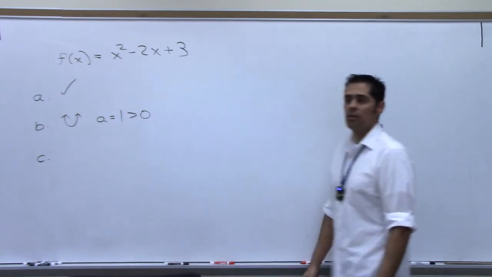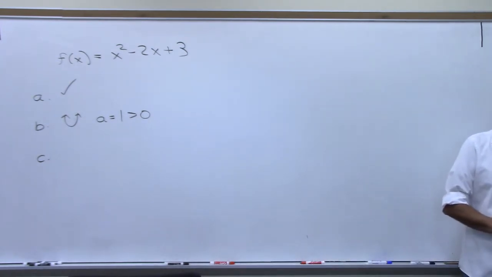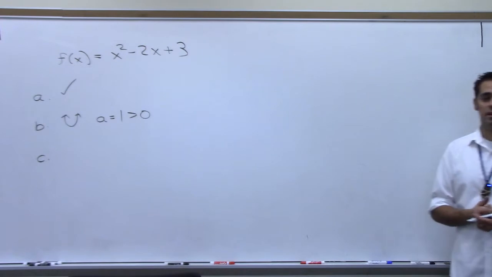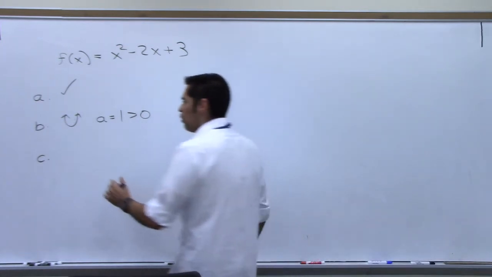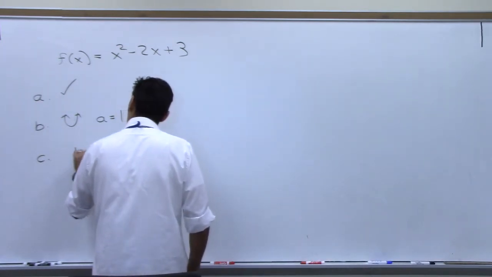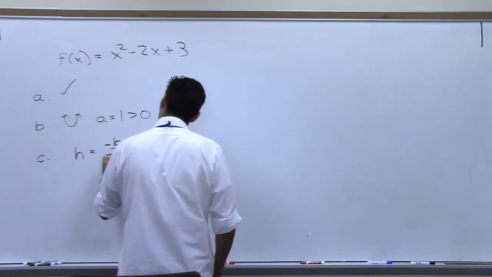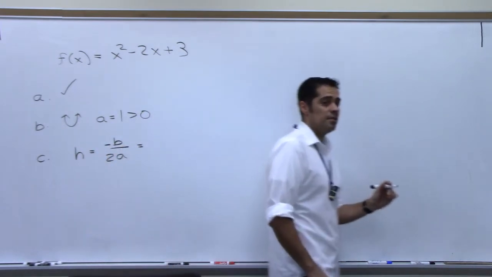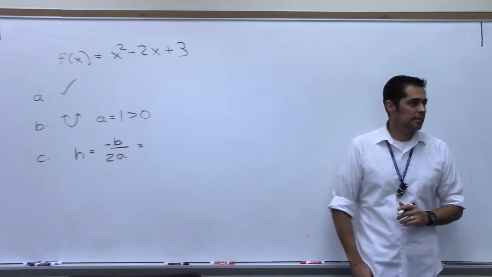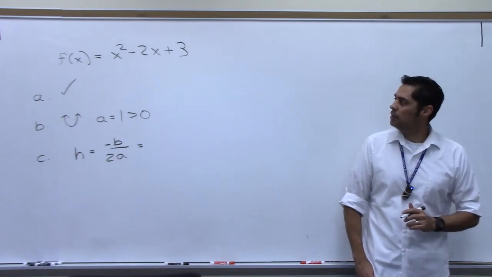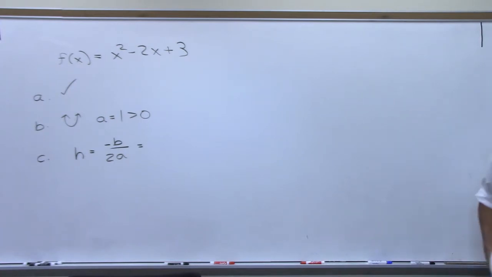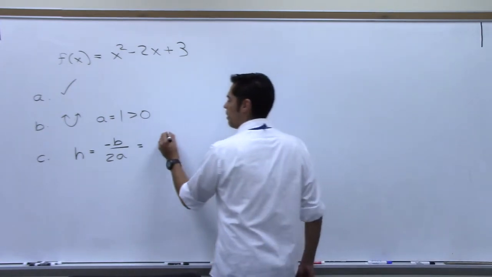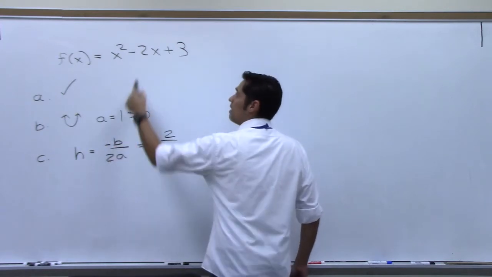How would you like to get the vertex? Do you want to complete the square or use the vertex formula? Vertex formula? Okay. If you're going to use the vertex formula, you need h equals negative b over 2a, which for us is positive 2 on top, because it's negative b, the opposite of what you see.